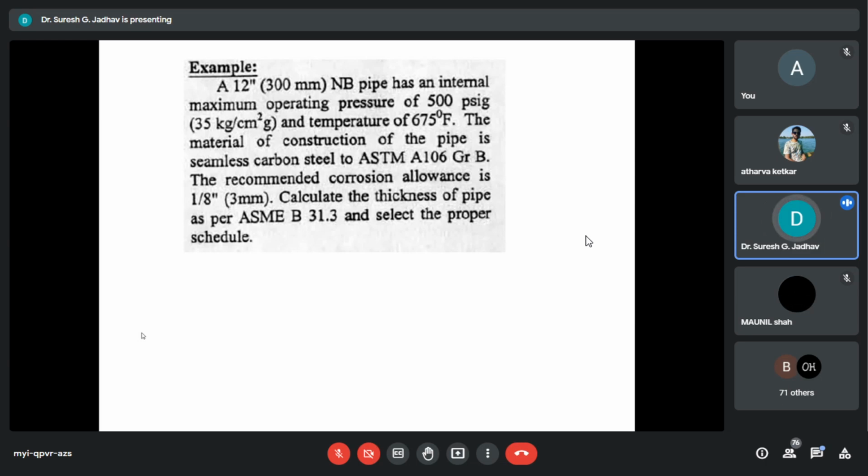As per these standards, in the solution you will see all kinds of values as per the piping design handbooks, and we calculate the thickness of the pipe and select the proper wall thickness or schedule. So this is all about today's lecture.